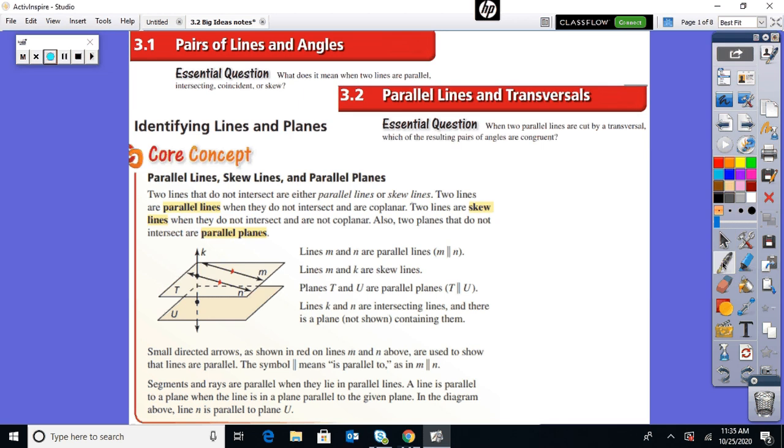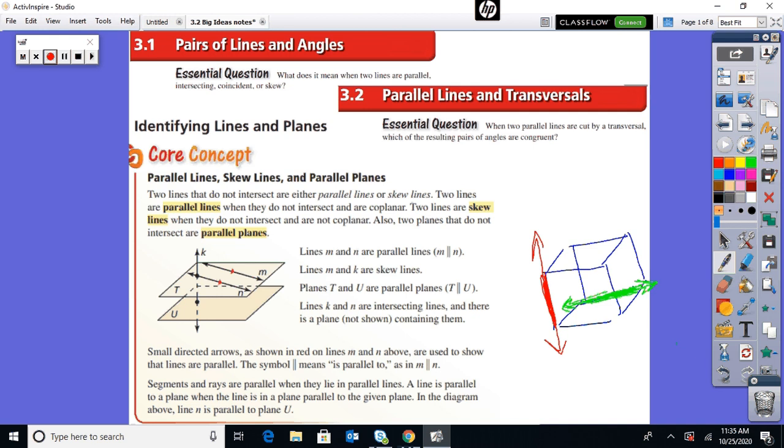And basically, if you think about a box, if we analyze the lines, for instance, this line that would be going up and down on the front of the box, and the line going through the back bottom of the box, they are never going to intersect, but they're not parallel.